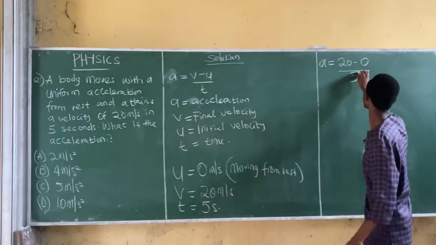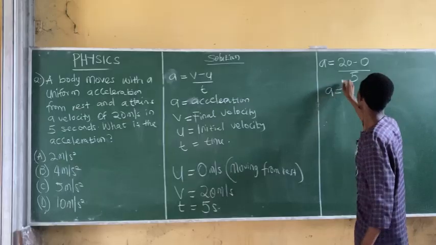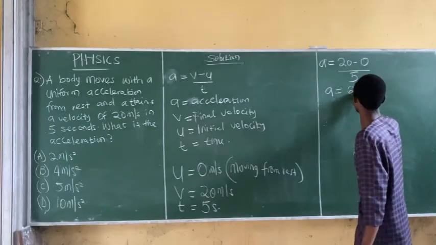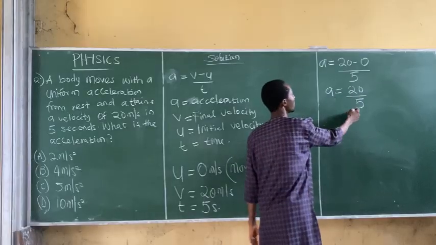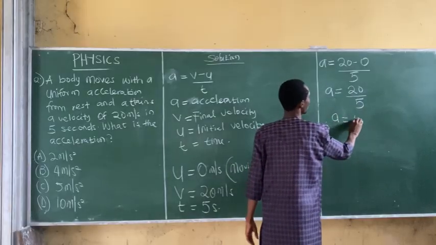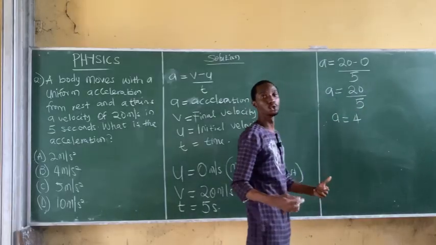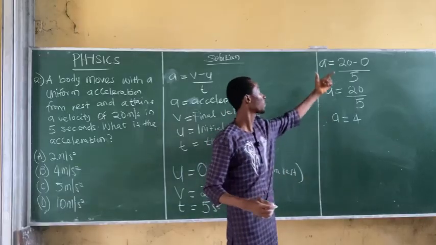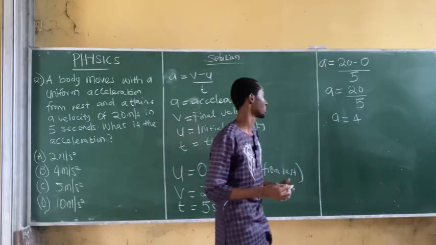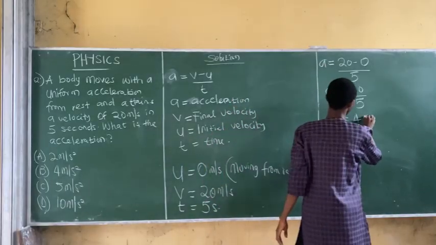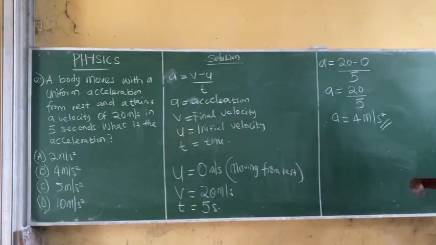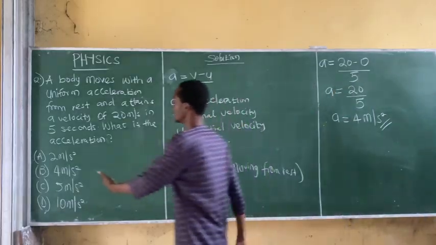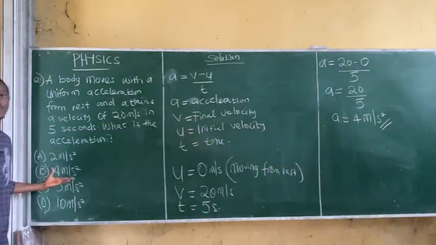A is equal to 20 minus 0, which is 20, divided by 5. 20 divided by 5 gives us 4. Don't forget the unit for acceleration is meters per second squared. So the correct option here is option B, 4 meters per second squared.